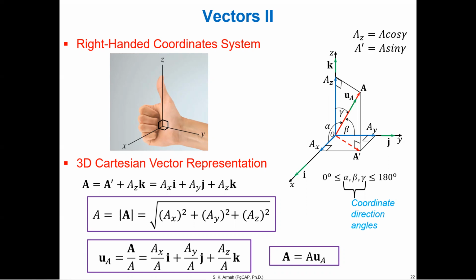So after we look at forces and how to resolve them in 2D, I believe we went ahead to find the resultant of concurrent forces in the plane, or coplanar concurrent forces.